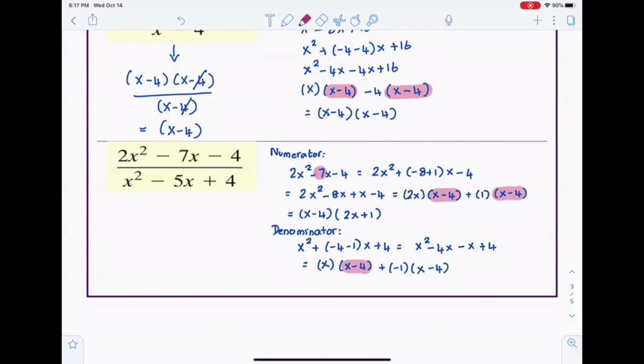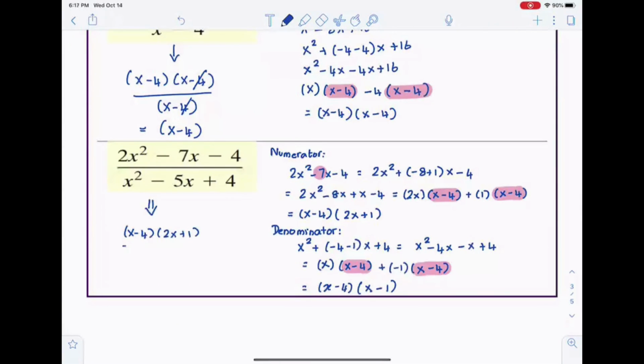So we have a common factor of x minus 4 and x minus 4. If I pull that common factor x minus 4 out, I would have x in the first term and -1 in the second term. So I could rewrite the numerator as x minus 4 multiplied by 2x plus 1.